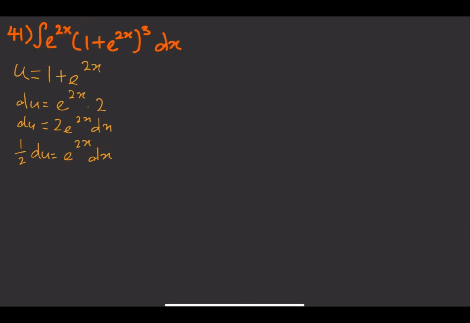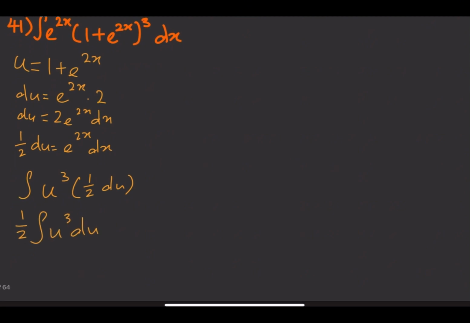Finally, you get the integral of u cubed multiplied by half du. Bring the half out: half times the integral of u cubed du, which gives half multiplied by u to the power of 4 over 4, plus c, equals u to the power of 4 divided by 8 plus c.